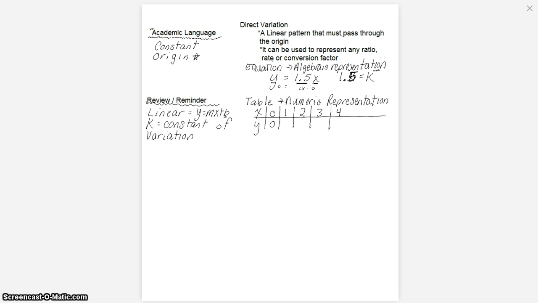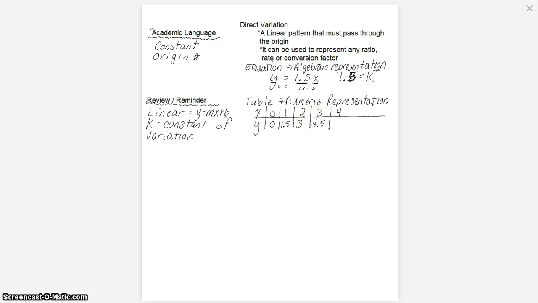And now we can figure out the y if we put in that 1 for x. So that would be 1.5 times 1, which is 1.5. And then we put in 2 where the x is. So it would be 1.5 times 2, which would be 3. And we put 3, would be 1.5 times 3, which would be 4.5.